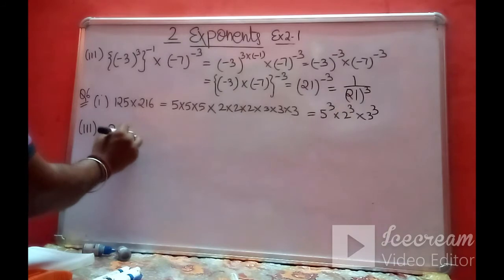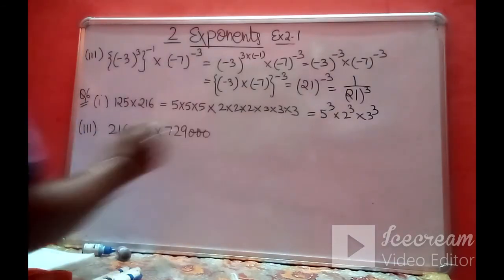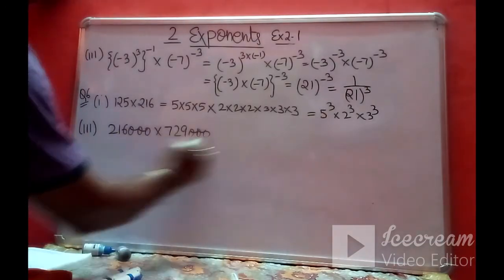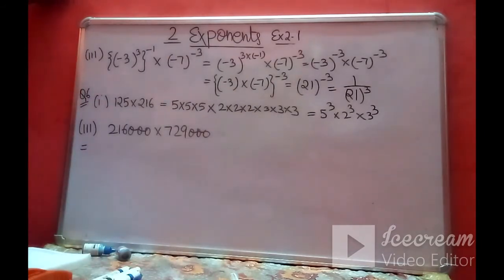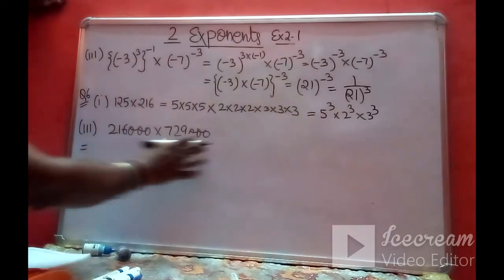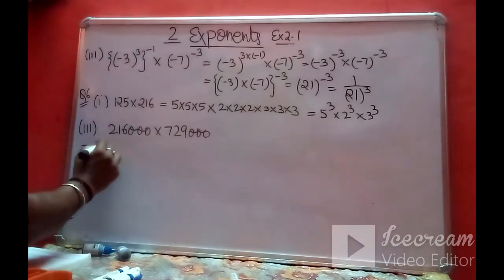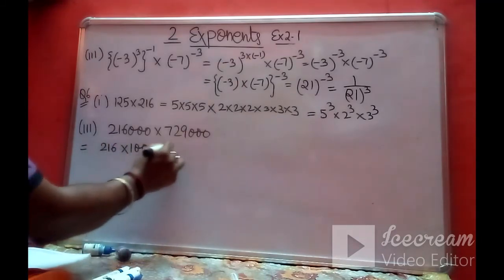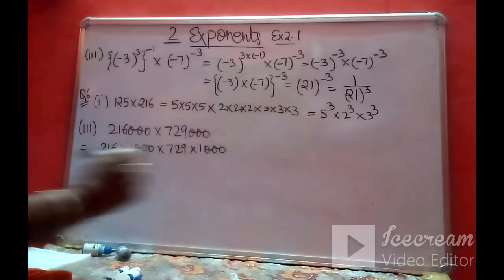Then the third one, 216000 into 729000. In these types of questions where you have a large number of zeros, you can separate it: 216 into 1000 into 729 into 1000.